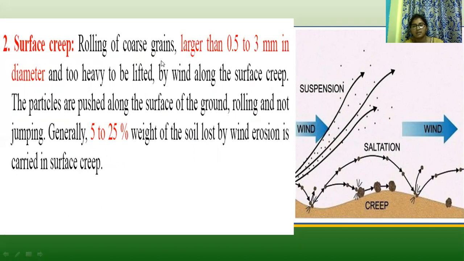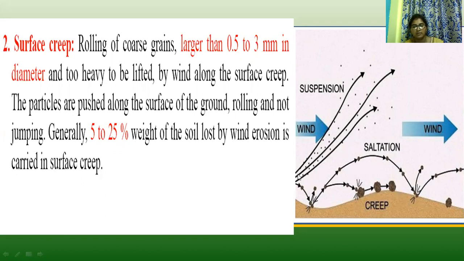Coarse grain particles larger than 0.5 mm, up to 3 mm in diameter, are too heavy to be lifted by wind. The particles are pushed along the surface of the ground, rolling and not jumping.